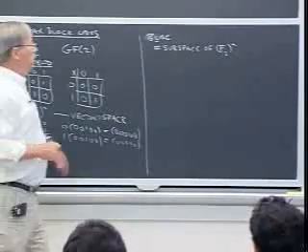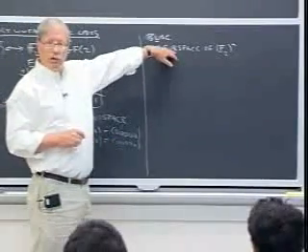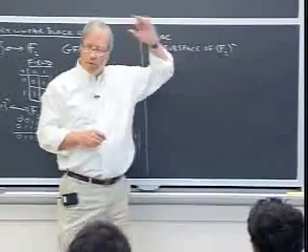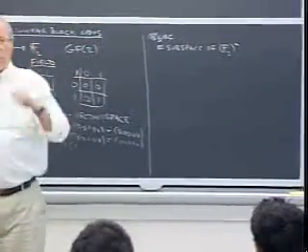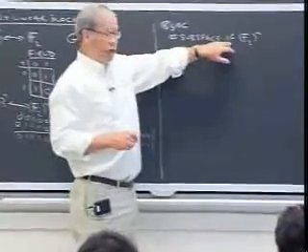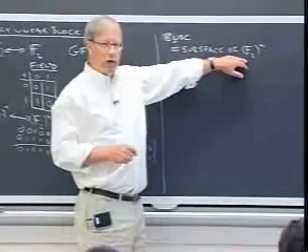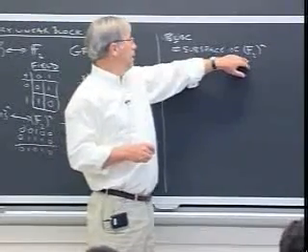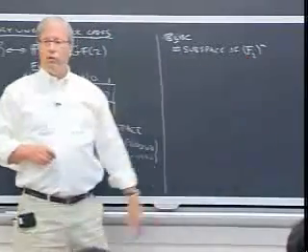All right, what do I mean when I say a subspace? I mean a subset of the elements of a vector space that itself forms a vector space. So in this case, when I say subset, I mean a set of binary n tuples. Okay, that itself forms a vector space.